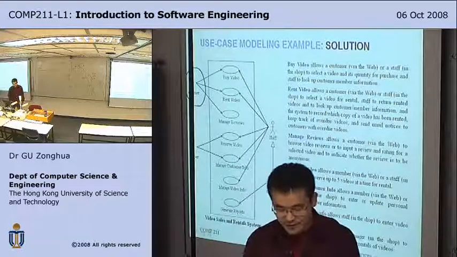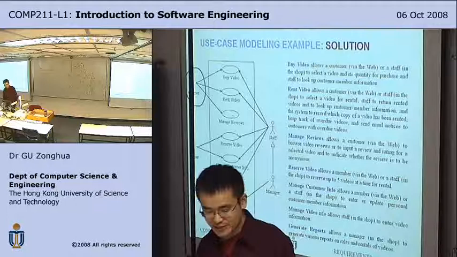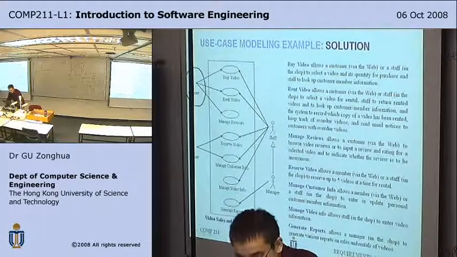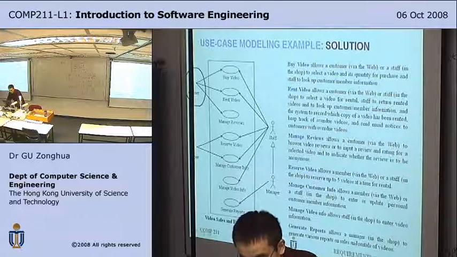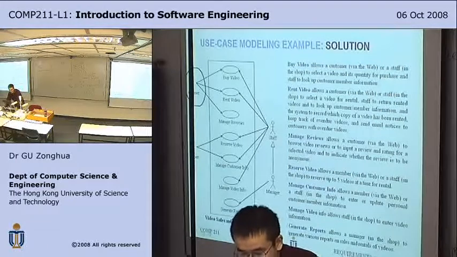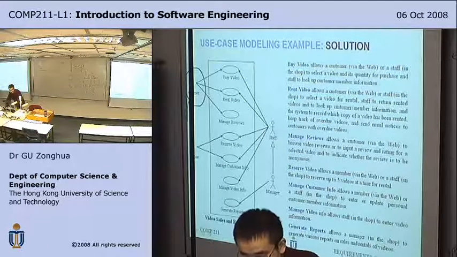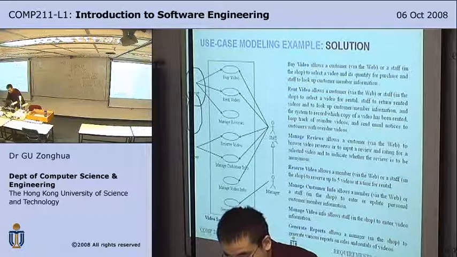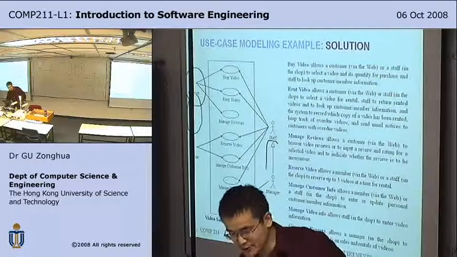Therefore, anything you can do with class diagram, you can do with these things. So if you use generalization, you can realize that a member is a special customer, so you put a generalization relationship between customer and member. And a manager is a special staff, therefore you put a generalization relationship here.